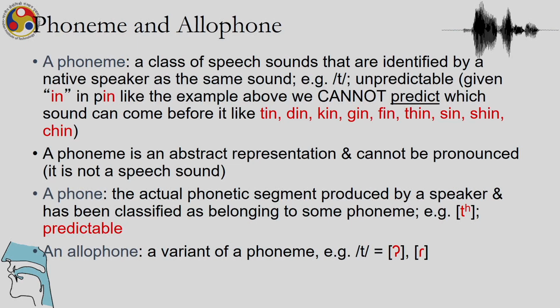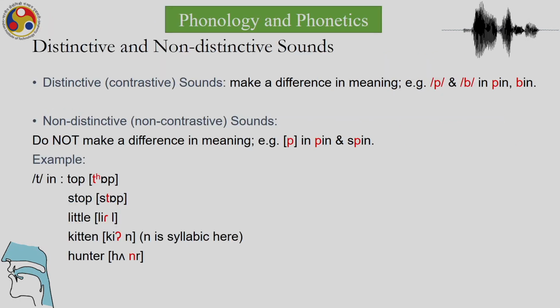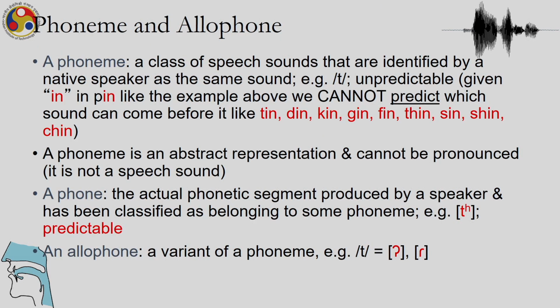So, in a way, a phoneme is also a class of speech sounds that are identified by the native speaker as the same sound. That is, despite the wide variation that we saw in the pronunciation of t, a native speaker will identify them as the same sound, even though they manifest differently. So, a phoneme is an abstract representation, and it is not a sound which is produced by the speakers.